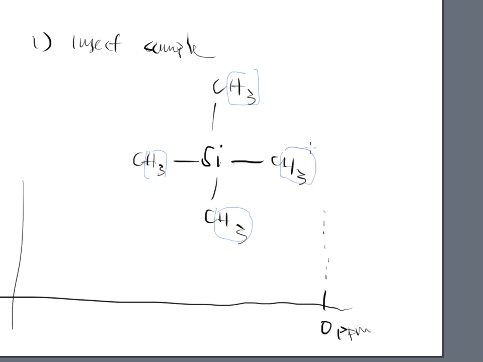Silicon is in the middle, and around the outside we have all CH3 groups, so they are equivalent to each other. We're not cluttering up the signal; we're keeping it very simple. In addition, we have a very low boiling point compound that can be driven off with just a little bit of heat. However, another reason that we use TMS is because if you look in the center, there's not a carbon here.